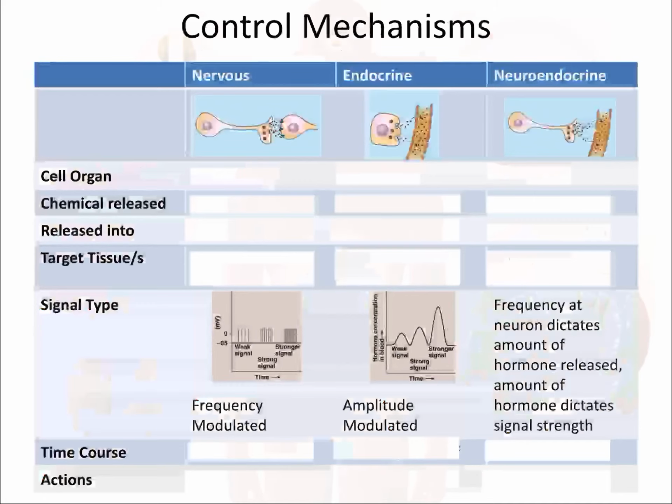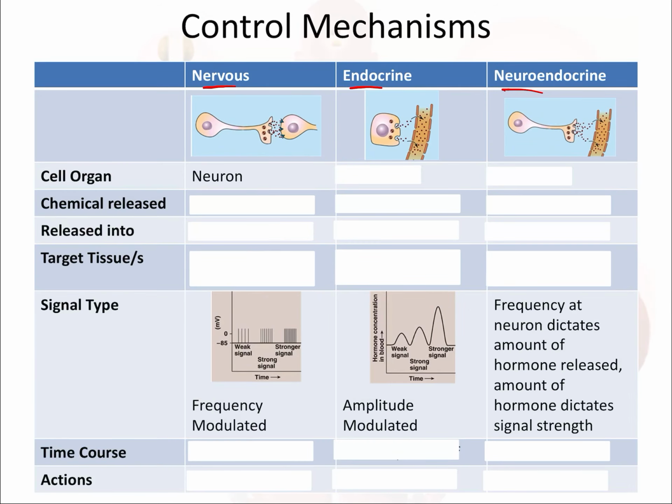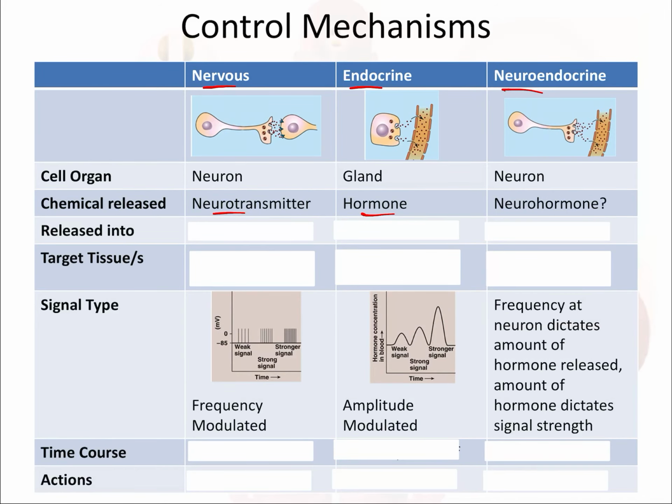Let's look at this basic overview. We've got the nervous tissue up here, endocrine, and neuroendocrine. The cell in the nervous system is a neuron, in the endocrine it's a gland, and in the neuroendocrine it's a neuron. The chemical released in the nervous system is always a neurotransmitter. With the gland, it's a hormone. With the neuron in the neuroendocrine, it's something called a neurohormone.